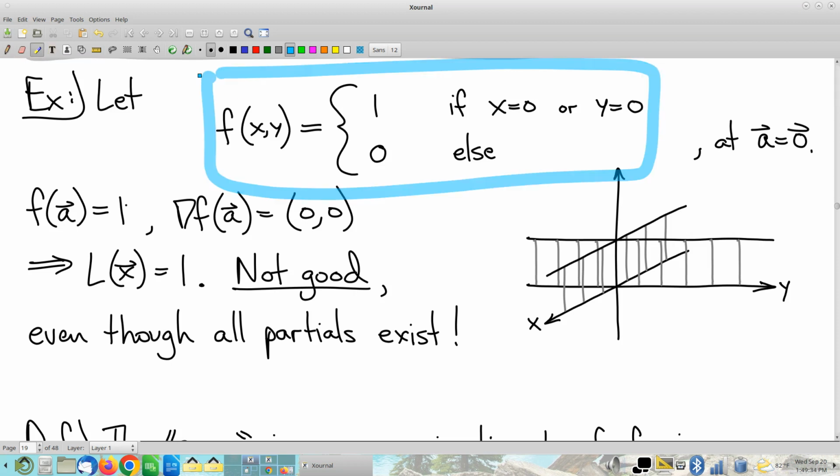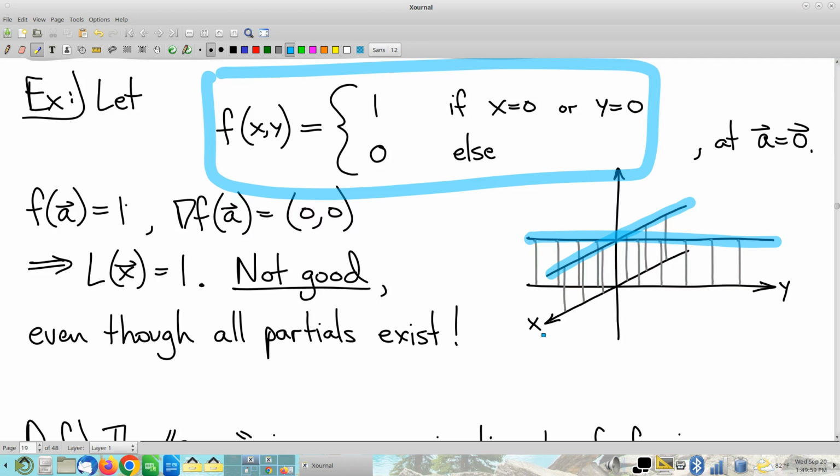Again, strange looking function. The values are either 1 or 0 depending on blah, blah, blah. Here's a picture of this function, the graph, that is. The graph of this function has value 1 if you're above either the x or y axes, right? And the value of the function is 0 otherwise.